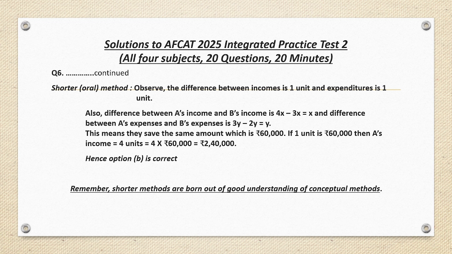Right. So 1 unit is 60,000. Therefore, everywhere it is only 1 unit. The difference is only 1 unit, both incomes and expenditure. So we got 1 unit as 60,000. So yes, annual income is 4 into this 60,000, 2,40,000.